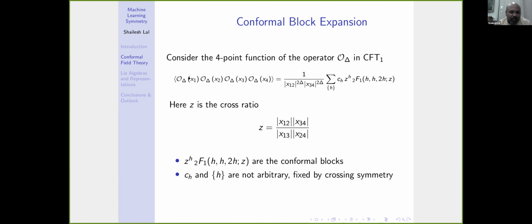Again, the conformal dimensions of all operators are assumed to be equal. So this is what the 4-point function looks like. These are the conformal blocks that are talked about. And if this were a real conformal field theory, then there's actually a symmetry called crossing symmetry, which fixes what the H's should be and what the C's should be.